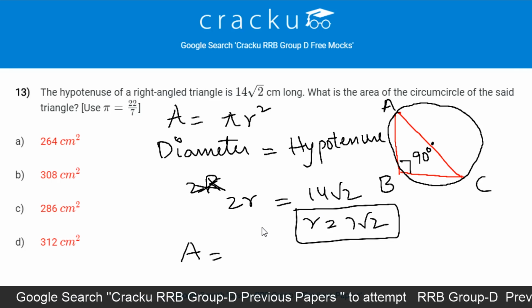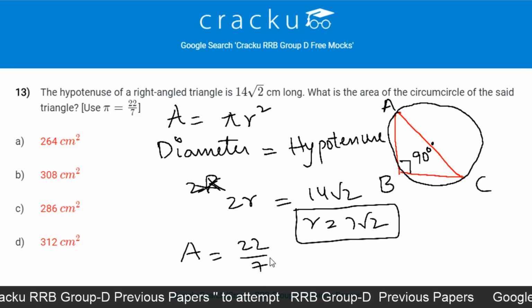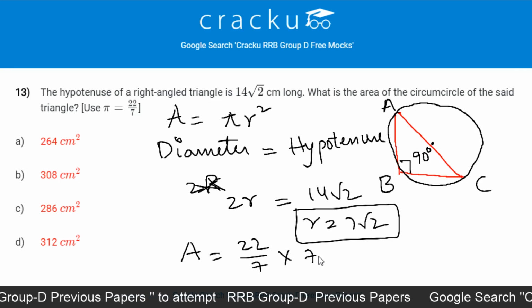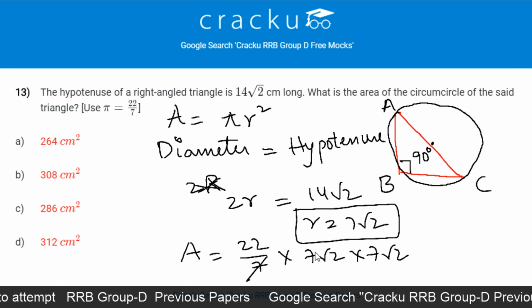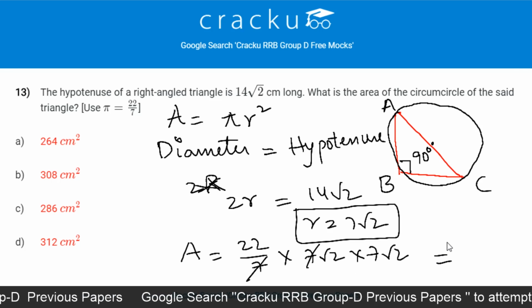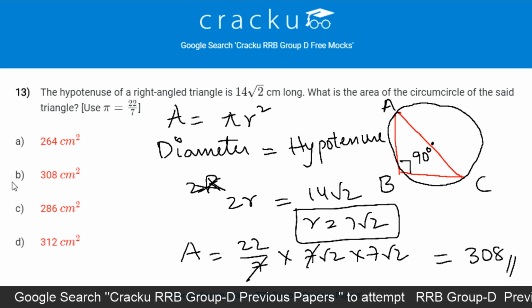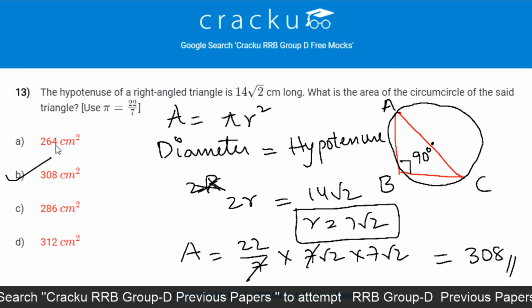Area is calculated by pi r square, that is 22 by 7 into r, which is 7 root 2, whole square. 7 cancel. So the answer is going to be 308. Option B is the correct answer for this question.